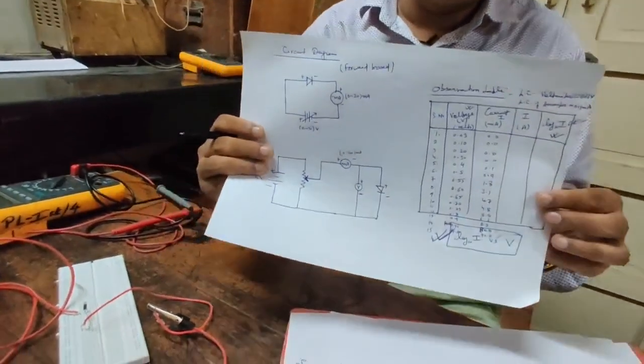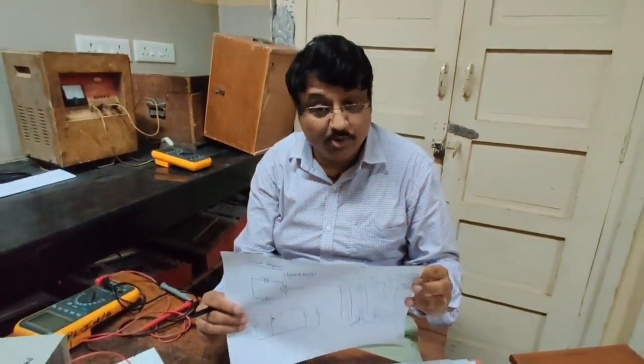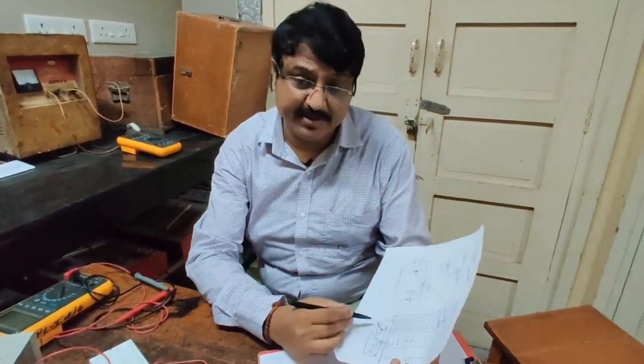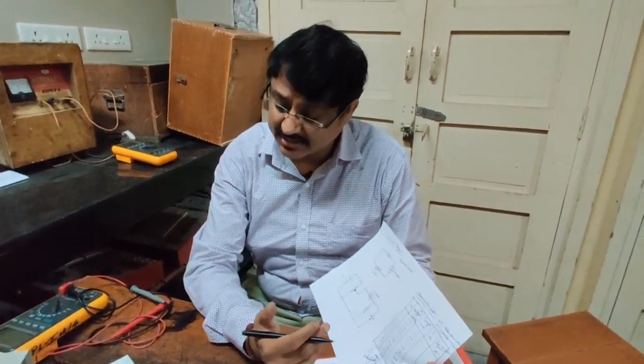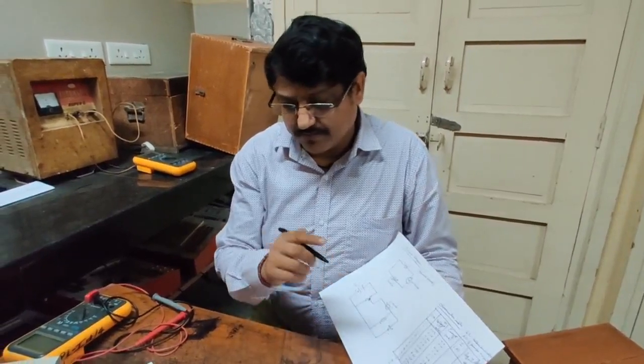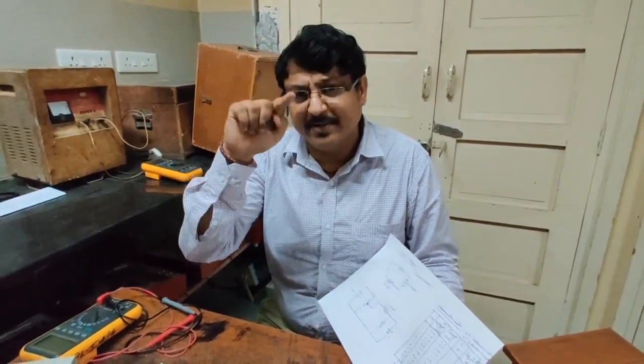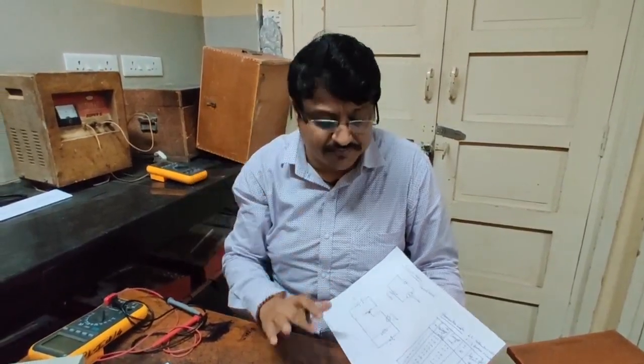And one most important thing I would like to say: don't go beyond 1, because in that case this PN junction diode can be damaged. We just want that voltage value up to 1, and that is more than sufficient for us.